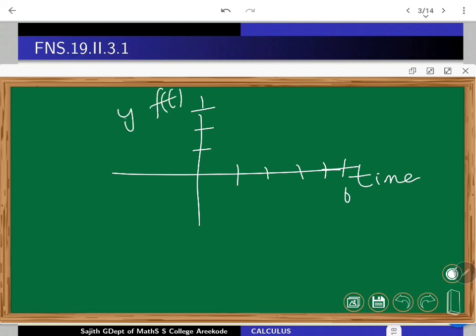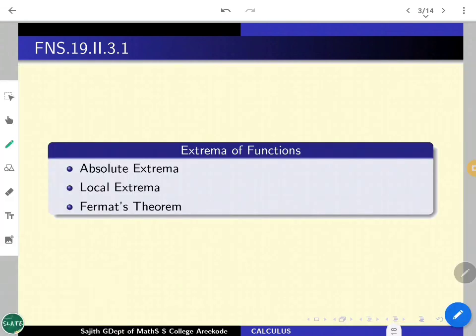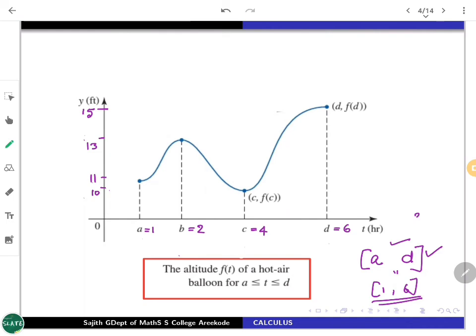So the corresponding function can be plotted. Let me start with that function and study the behavior of its extrema for the time being. Let the function look like this. This represents my hydrogen balloon trajectory plotted as a graph.